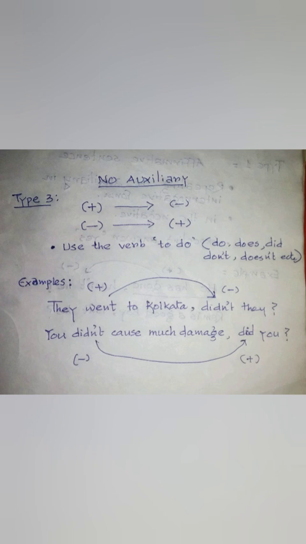This is only a brief introduction to the question tag. There are other parts of question tags, but for students of class 8, 9, and 10 onwards, these things will work. If you keep this much about the question tag in your mind, then you can easily proceed further.